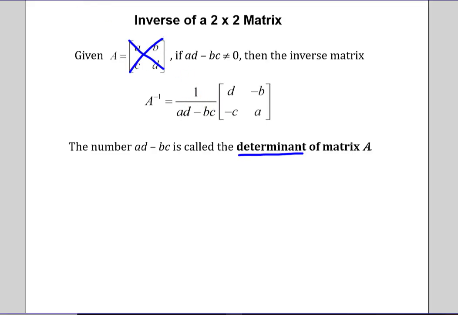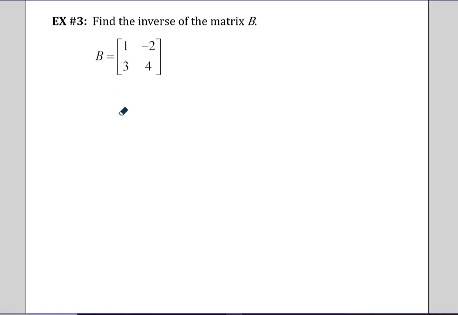Write that over 1, and that's the 1 divided by the determinant. And then here in the formula, we're going to interchange the A and the D, but we're going to keep B and C in their current location and put a negative on both of those, or do the opposite of both of those. So using that approach here, we can get the inverse.